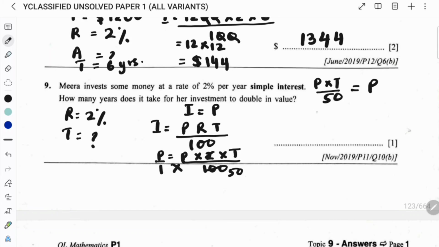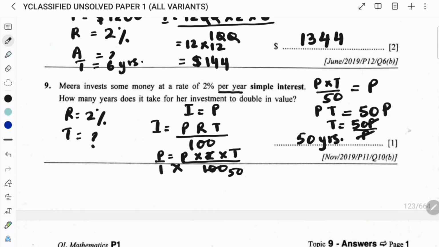Okay, so PT is equal to 50P. All right, remember time is required, so just make time the subject, 50P upon P. You can cancel and the time will be equal to 50 years in this question. Years because the rate is per year. It means it takes 50 years to double that amount, whatever the amount is. If the rate is just 2%, it will take 50 years to double the amount.